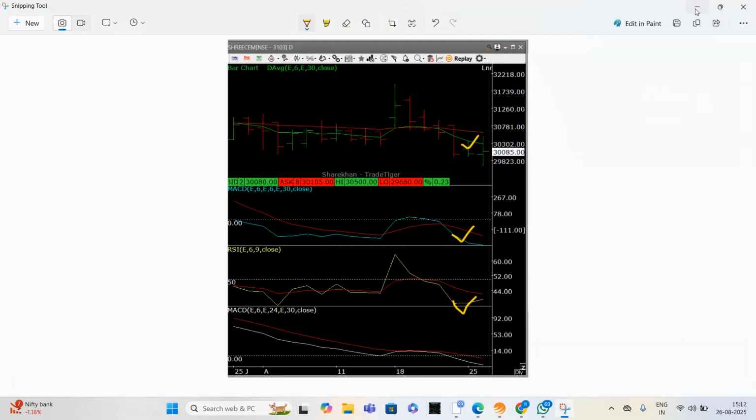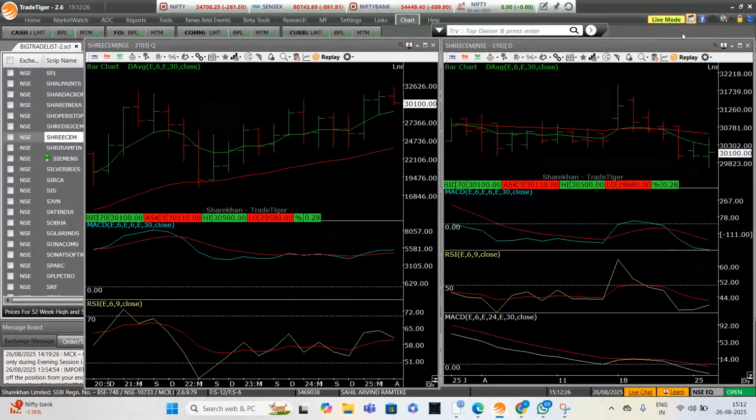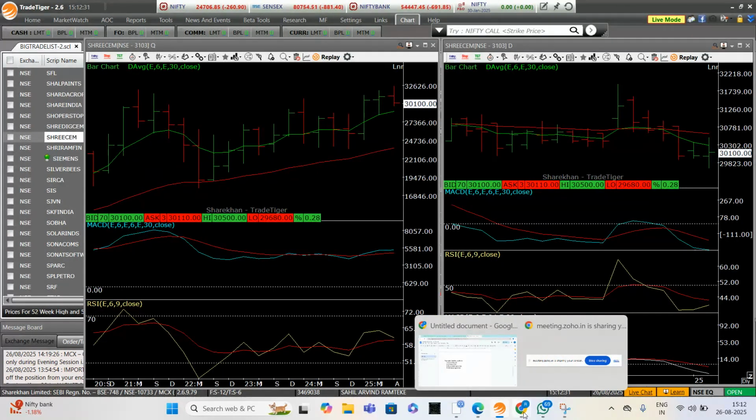If you want to do intraday, that means the daily is your higher chart. And if you want to do, let's say, positional for 1 or 2 weeks, then the weekly will be your higher chart.